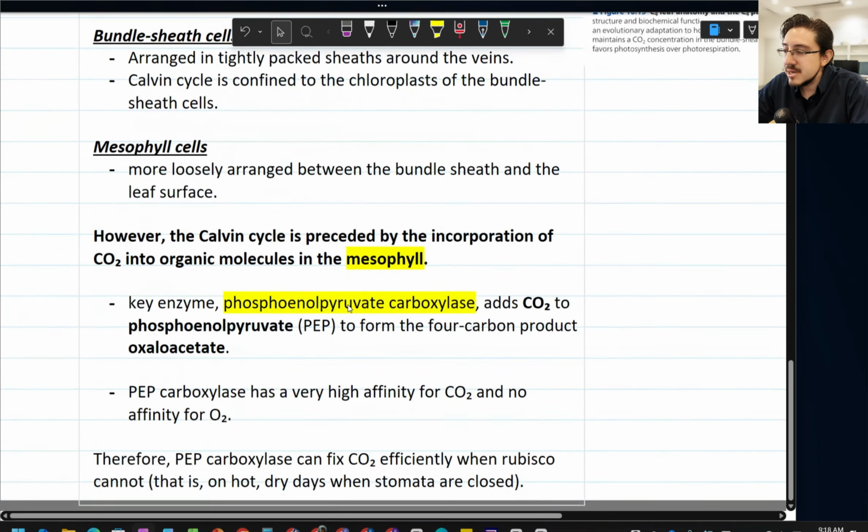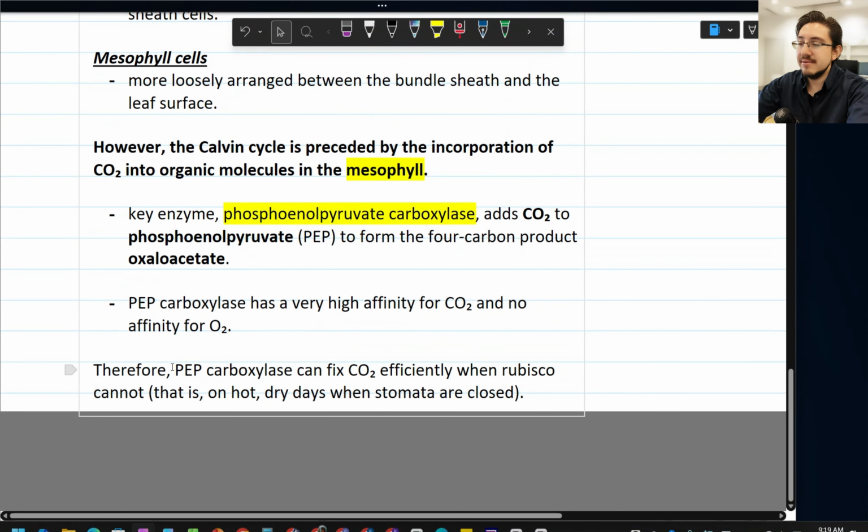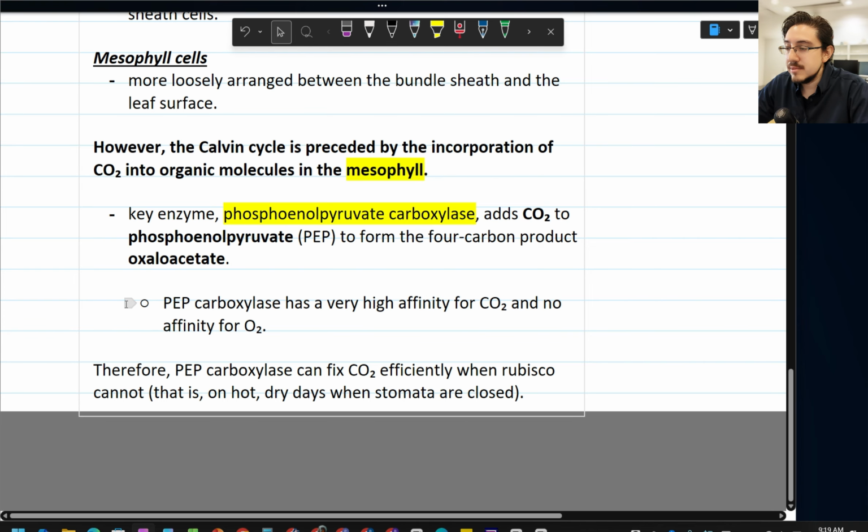This carboxylase has a high affinity for carbon dioxide. Just a little bit more detail here. What is important is that this enzyme has high affinity for carbon dioxide and no affinity for oxygen. So what does that mean?